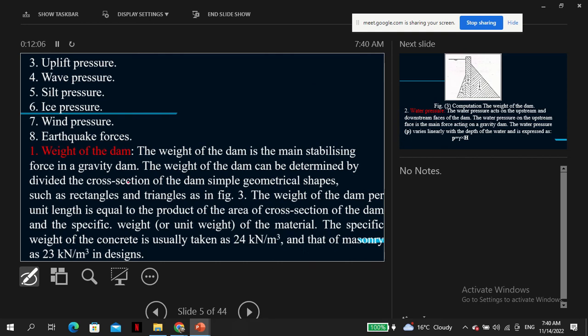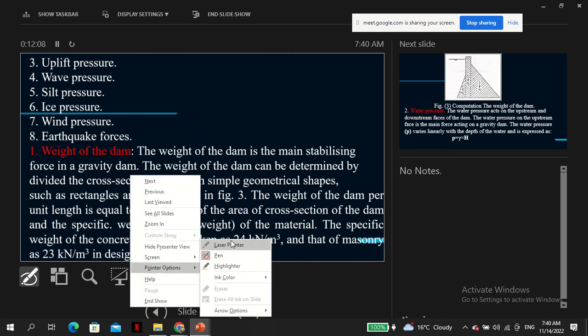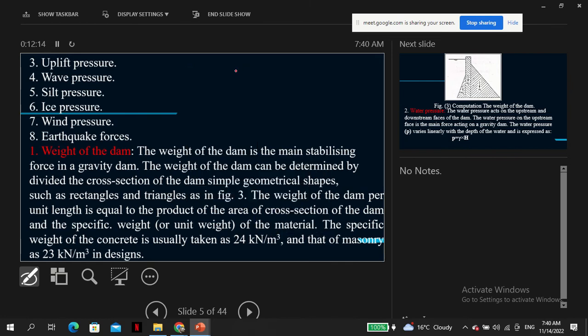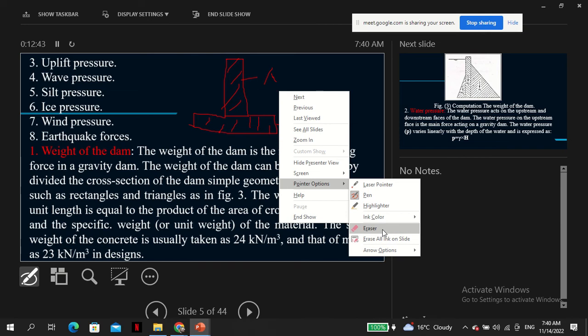So now the weight of the gravity dam, by dividing the cross section. These are just some geometrical stuff. So if, for example, the dam is like this, you can divide it into portions, maybe A and B, and deal with them individually. Those are just sections whose area you can easily find. And that's the simplest. Of course, you can divide it in other ways, but make sure you make your work simple.